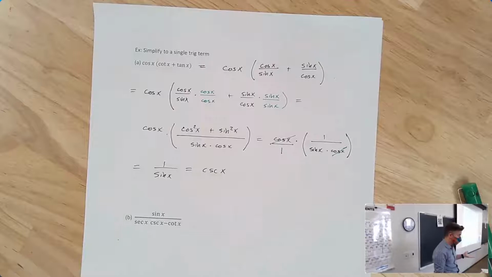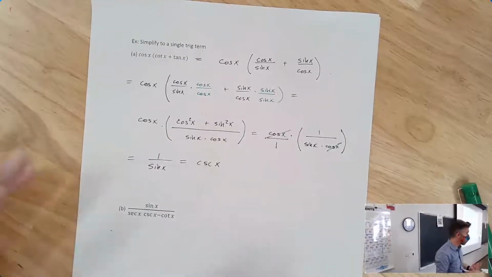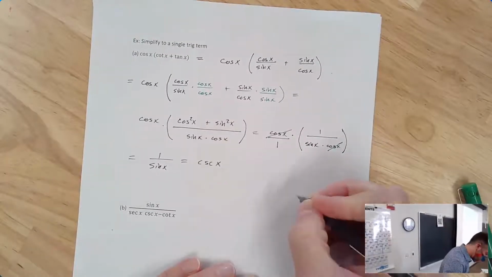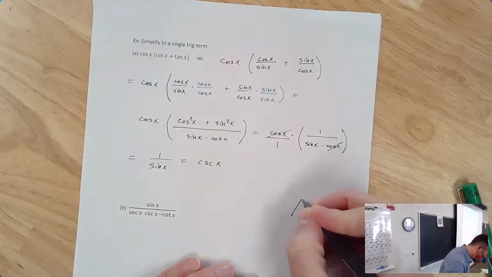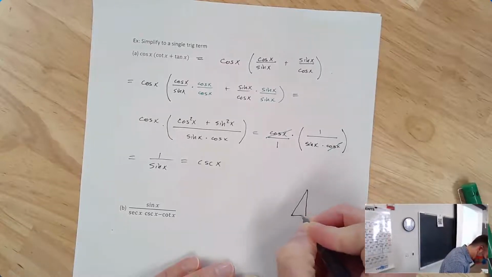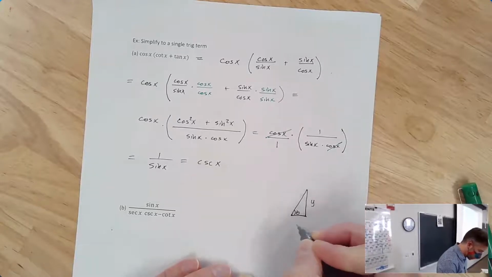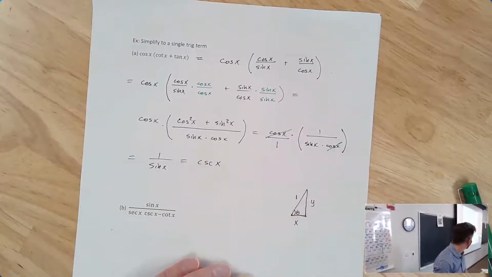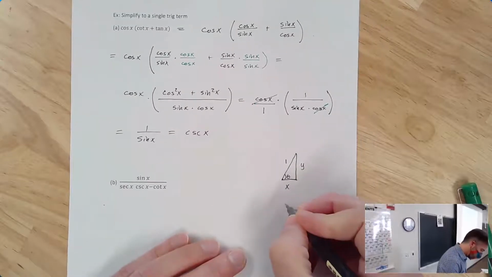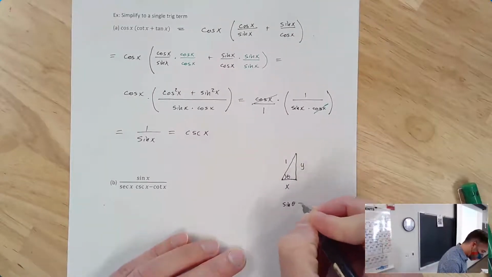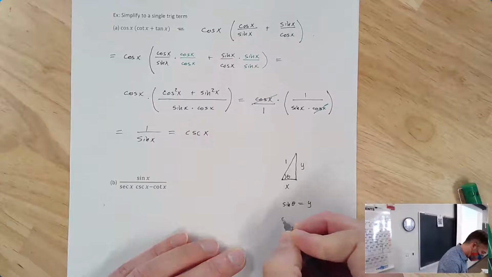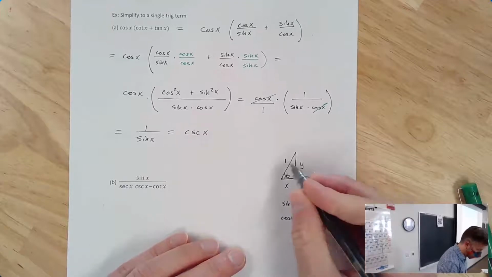That's what tangent is defined to be equal to. If you look back to when we were talking about the triangle and the unit circle, that's our angle there, the opposite side was y, the adjacent side was x, and the hypotenuse was 1. Sine of theta is y over 1, opposite over hypotenuse.